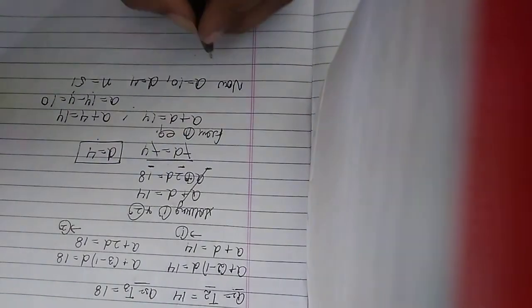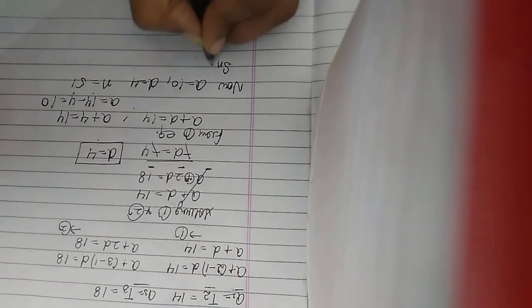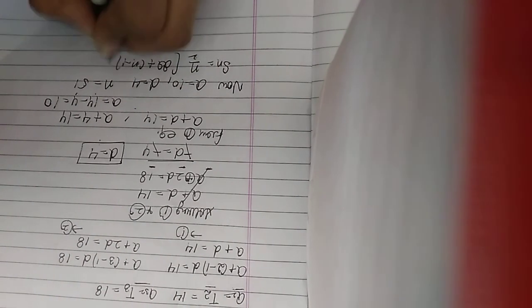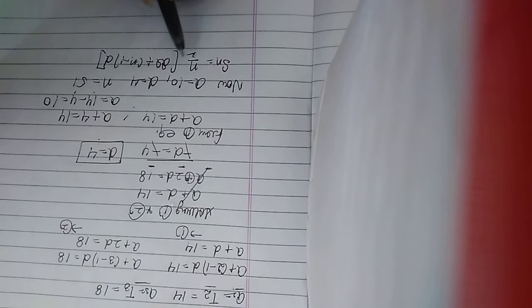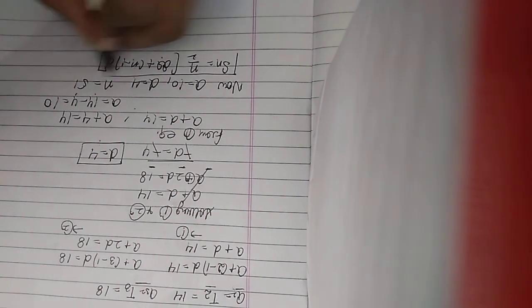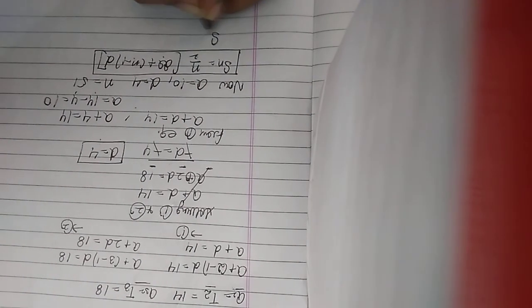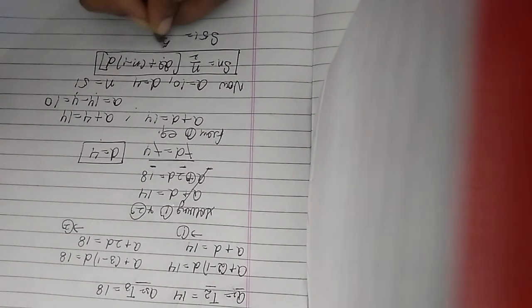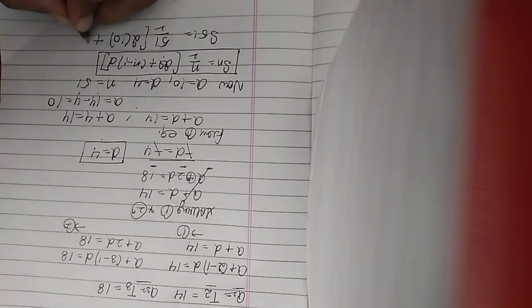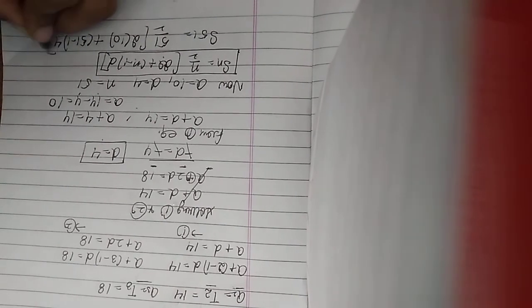So we will now use the formula Sn is equal to n by 2 into 2A plus n minus 1 into D, because we have n, A and D. So we are using the sum of n terms formula. Here n is 51, so 51 upon 2 into 2A, A is the first term, that is 10, plus n minus 1, that is 51 minus 1, into D, D is 4.